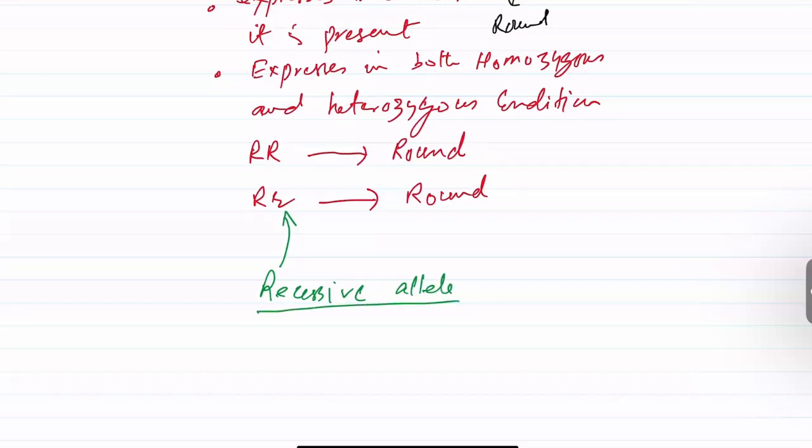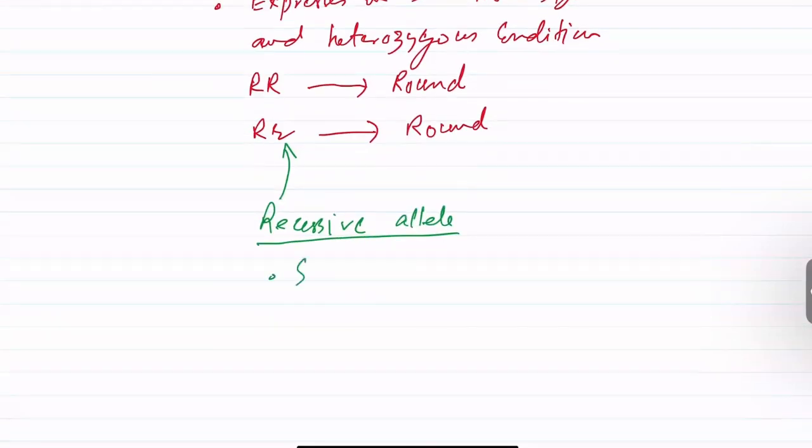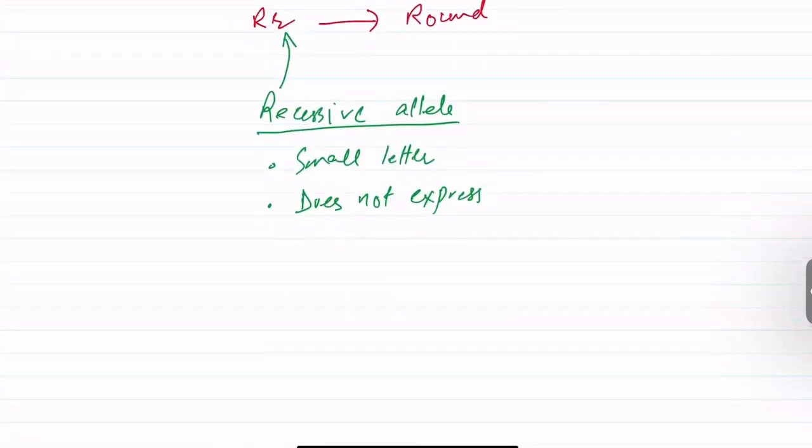Recessive allele is represented with a small letter, and it does not express when the other allele, the dominant allele, is present.